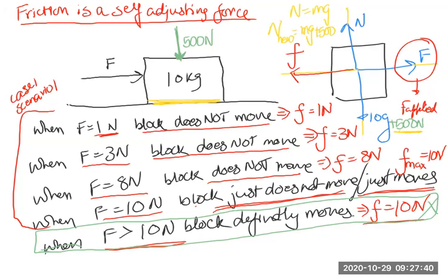Because remember that here there are peaks and valleys for both the surfaces. And when you are applying this 500 Newton, you are increasing the intermeshing.